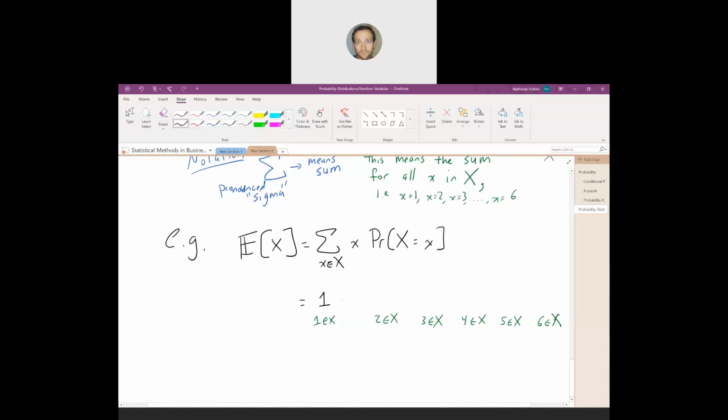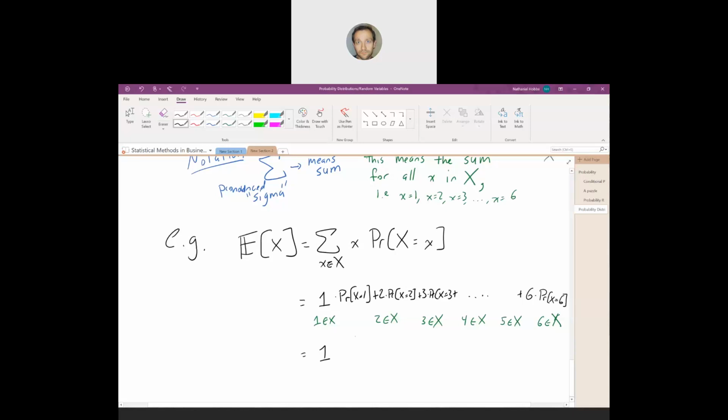then this is 1 times the probability x equals 1, plus 2 times the probability x is 2, plus 3 times the probability x is 3. And you do this for all of them, including 6 times the probability that x is equal to 6.